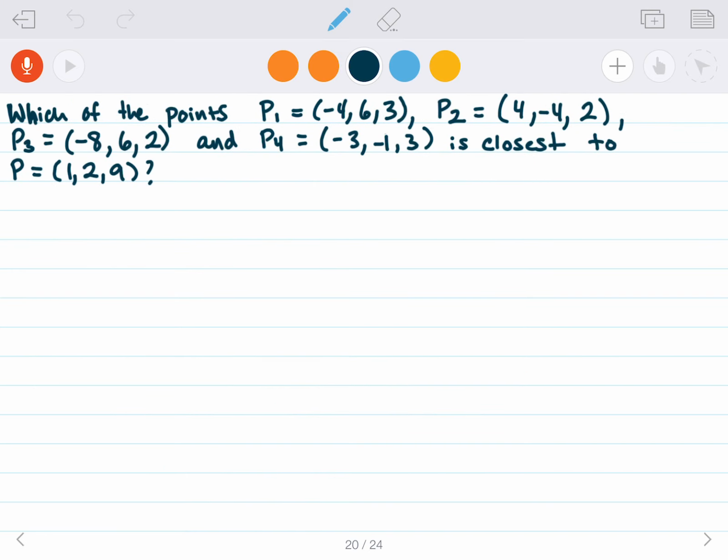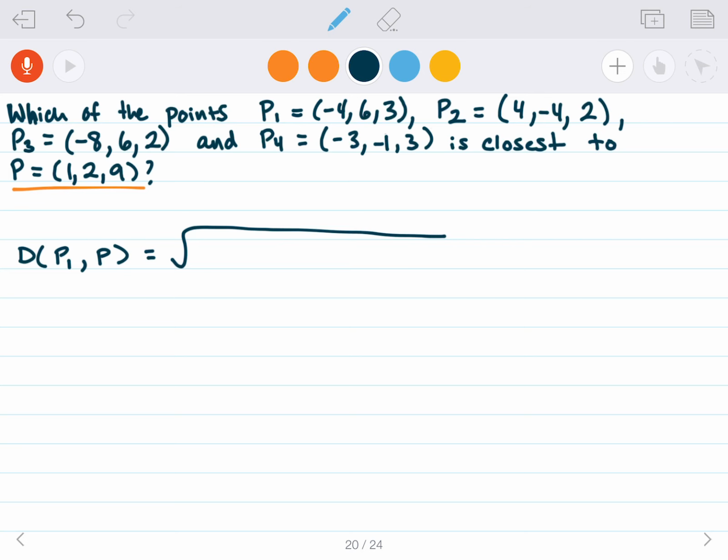Which of the points listed is closest to this point right here? For this, we're just comparing distances and seeing which has the smallest distance. So the distance between P1 and P, we're just plugging this into the distance formula.